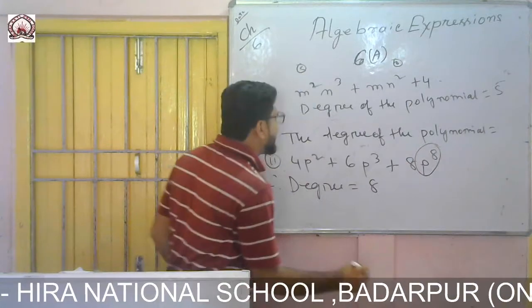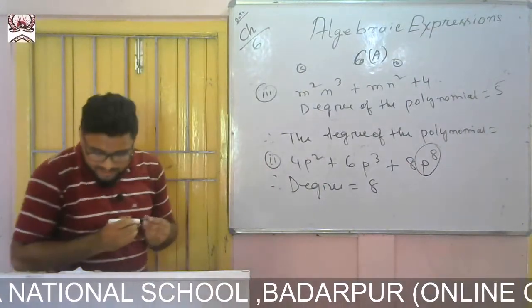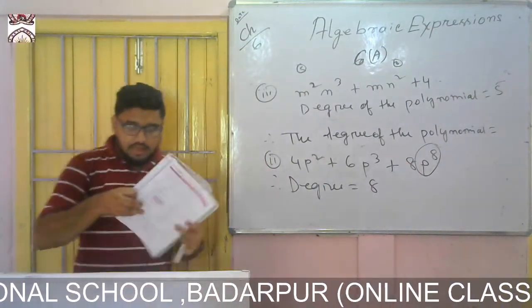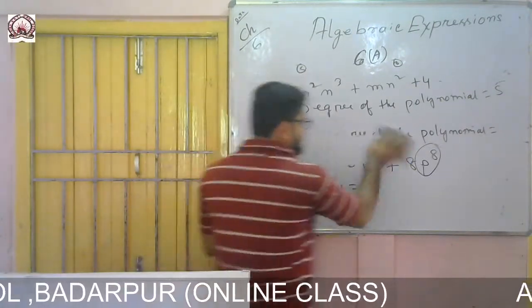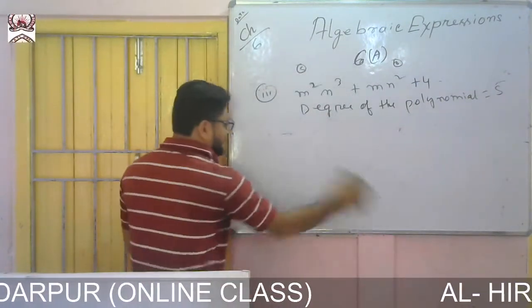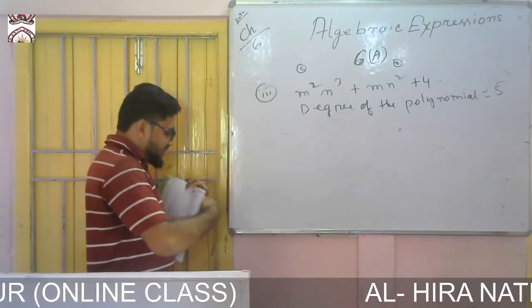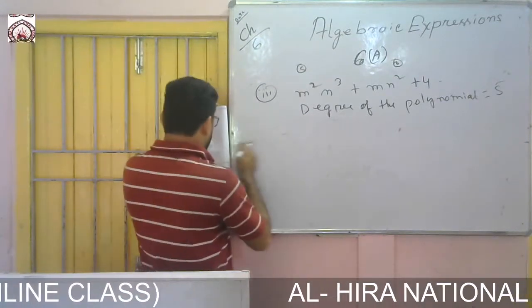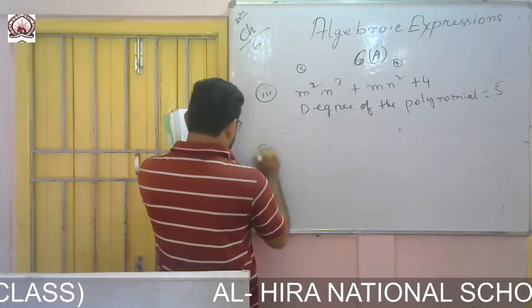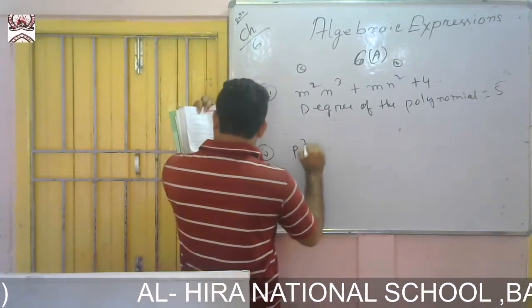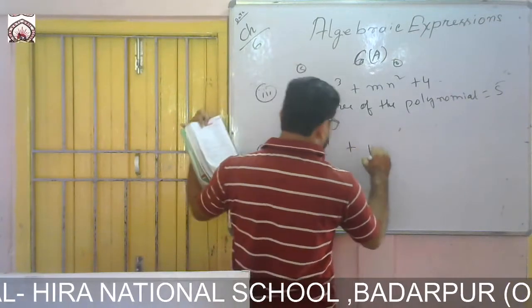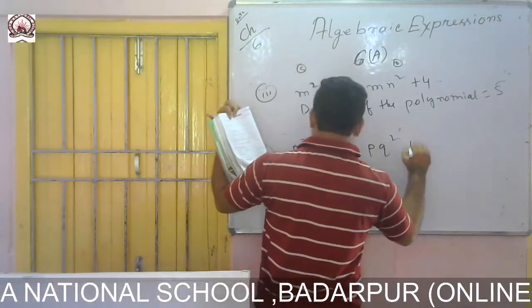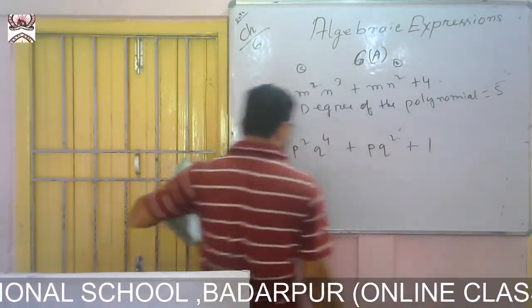Degree of the polynomial will be 5. Understood? Now come to question number 4. P square q to the power 4 plus p q square plus 1.